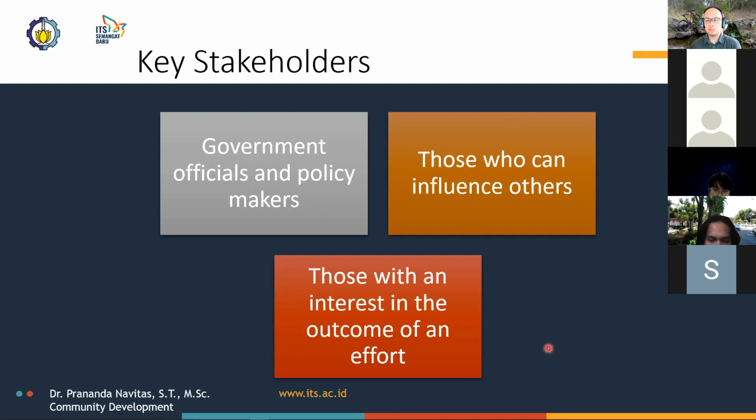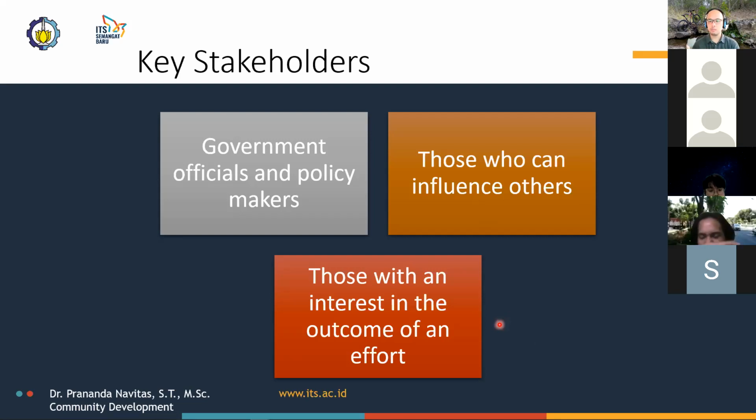And finally, those with an interest in the outcome of an effort. Some individuals and groups may not be affected by or involved in an effort, but they care about it so much that they are willing to work to influence its outcome. Many of them have a following or a natural constituency.